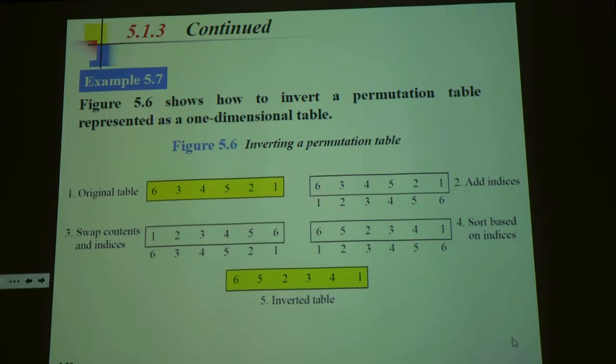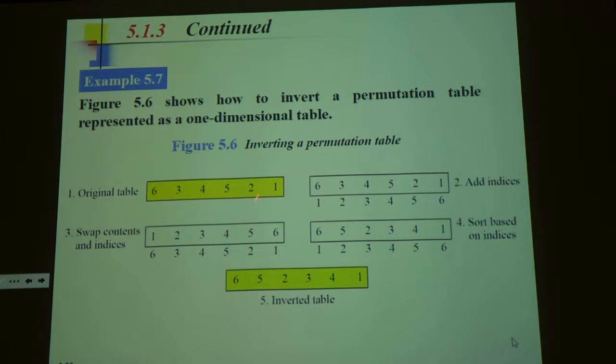Then you swap the content. The indices will go inside the box and the contents go out. So in here, for example, the 6 is inside the box, the 1 is outside. The 1 became inside, you swap, right? Then you sort. That will be the inverted table.